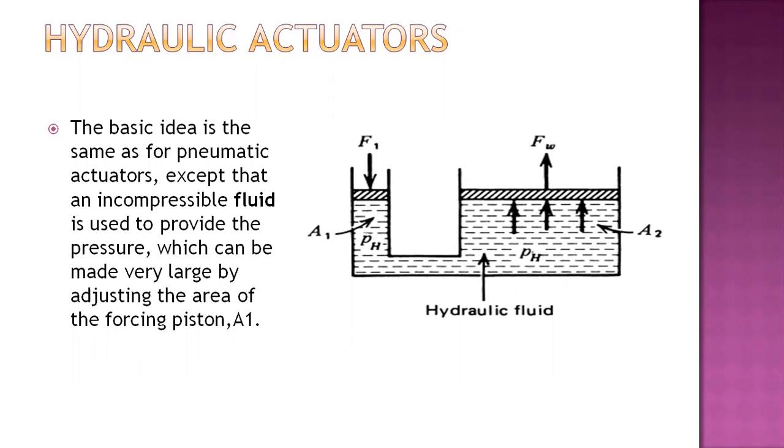Similarly, Fw is the force of the working piston, and A2 is the working piston area. And pH is the hydraulic pressure, which is in Pascal again. So this is for hydraulic actuators.